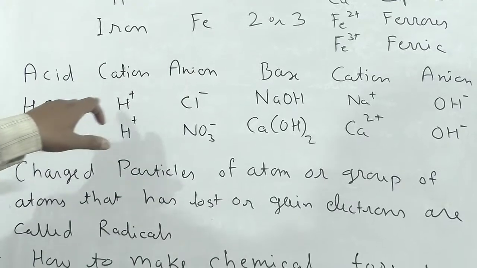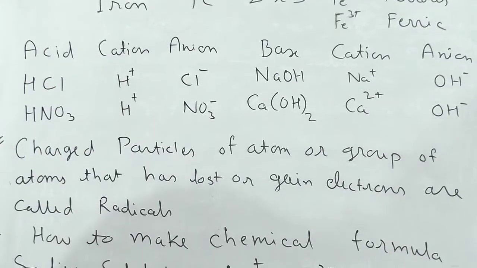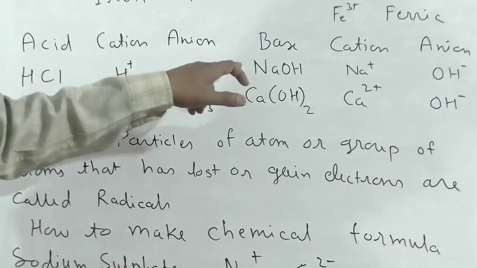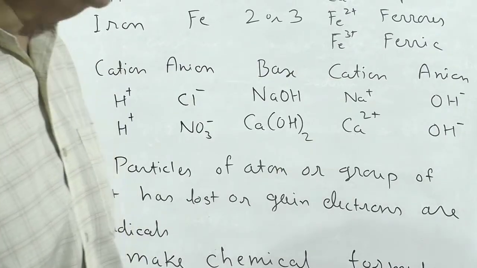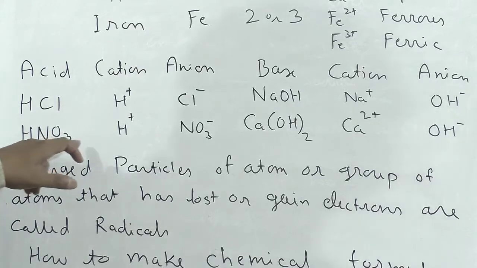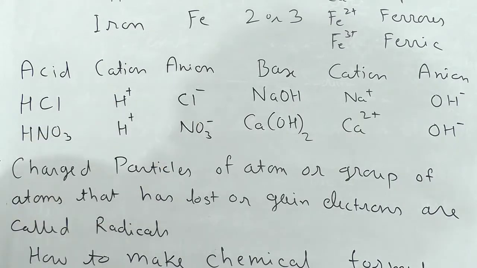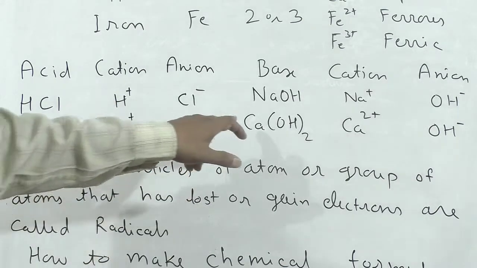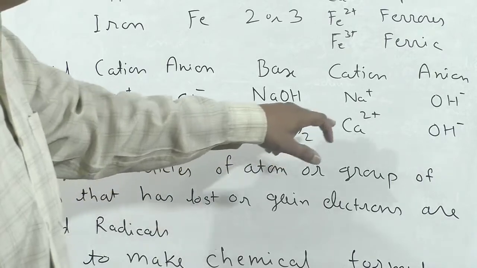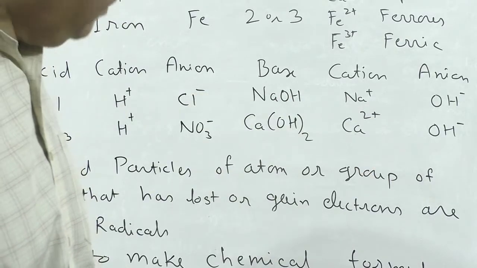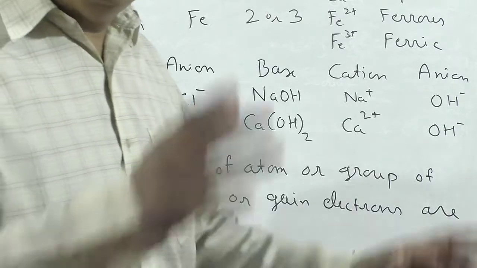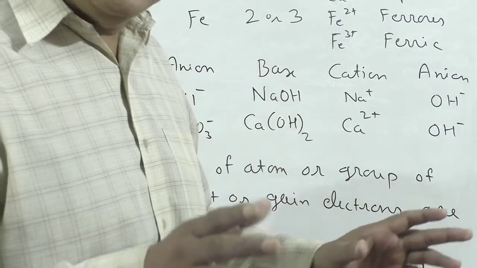Understanding? Base example, NaOH: Na+ is the cation, OH- is the anion. HNO3: H+ is the cation, NO3- is the anion. Calcium hydroxide: Ca2+ cation, OH- anion. At the end of the book, you will see the table of cations and anions.